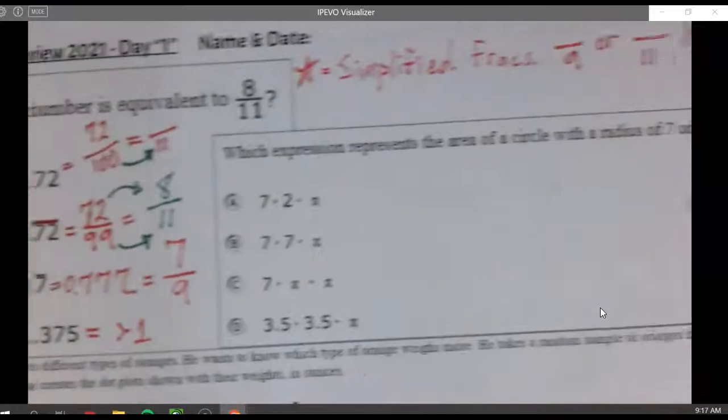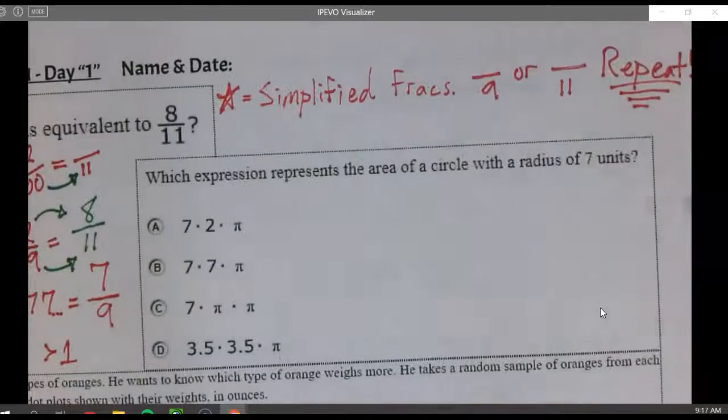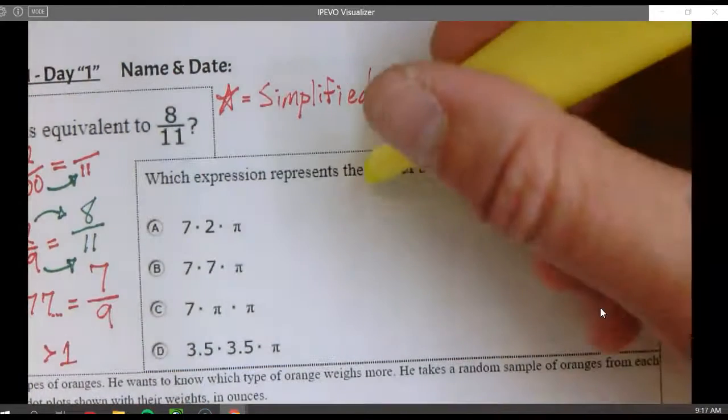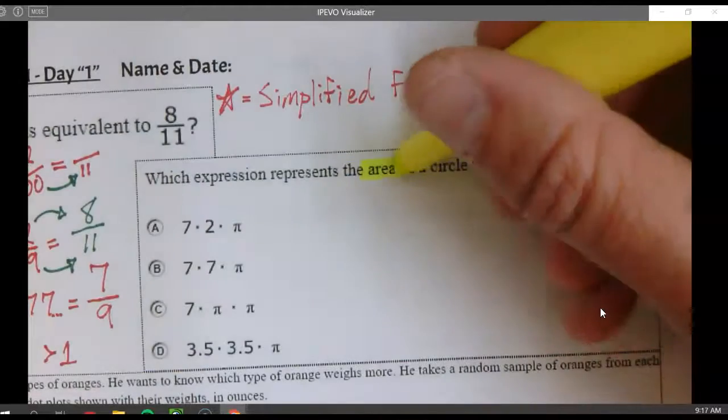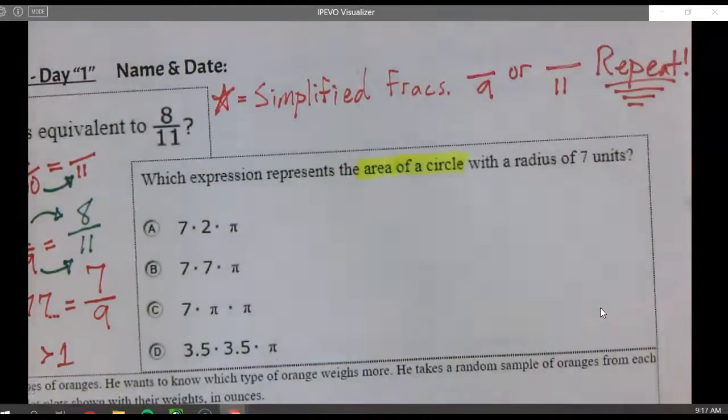Do I have a volunteer to tell me what is worth highlighting over here, Mia? Yeah, area. Yeah, circle's probably important too. What else?